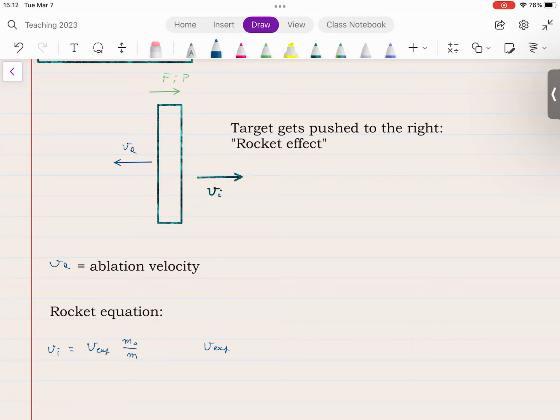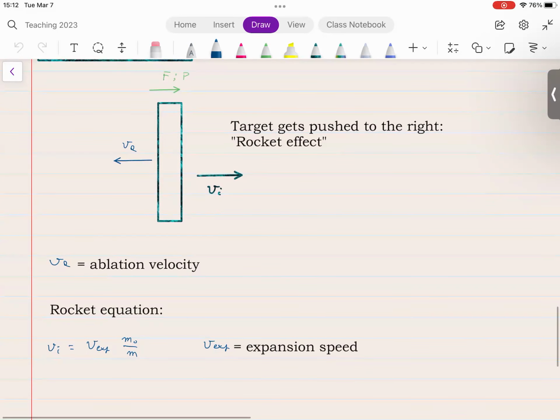That's properly defined as the expansion speed. And that's the one that's going to give me the implosion velocity. What happened to my log? Disappeared. Here, log of M0 over M. Sorry about that.